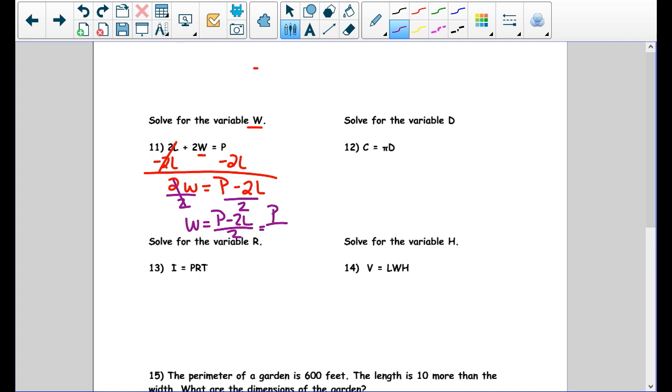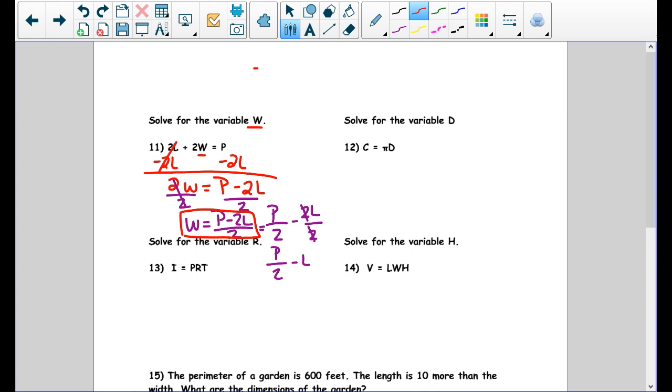So you would have P over 2 minus 2L over 2. And the reason you may want to separate this is because this 2 cancels with this 2. So then it just makes P over 2 minus L. I'm okay with just leaving it once I got to this point.